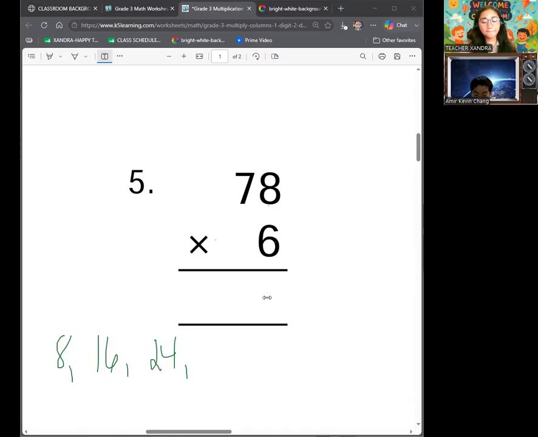Yes, it's correct. It's 48. So 8 here and 4 on top of the 7. So what is 7 times 6? 7, 14, 21, 28.